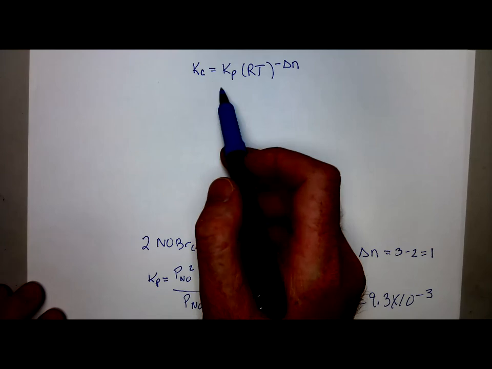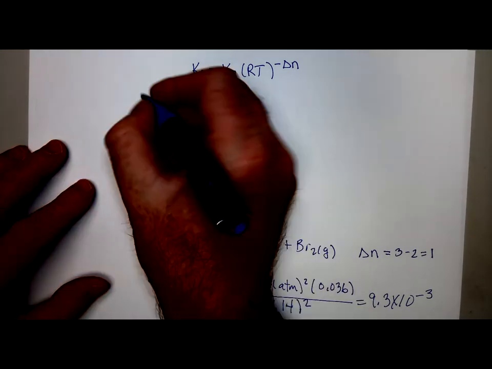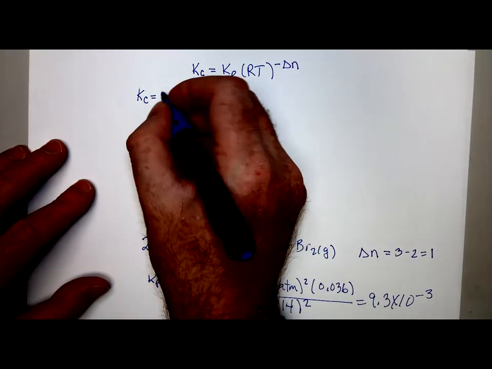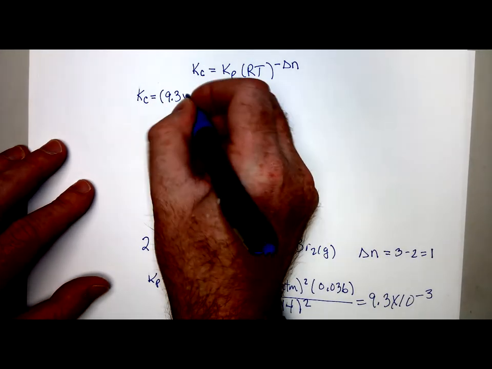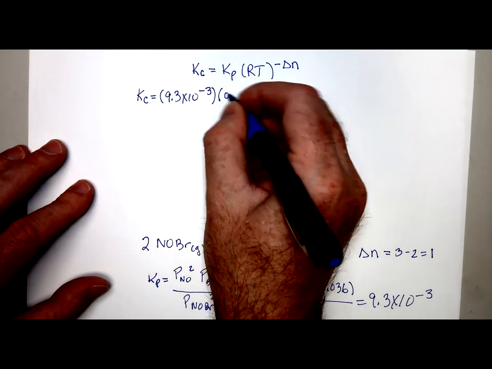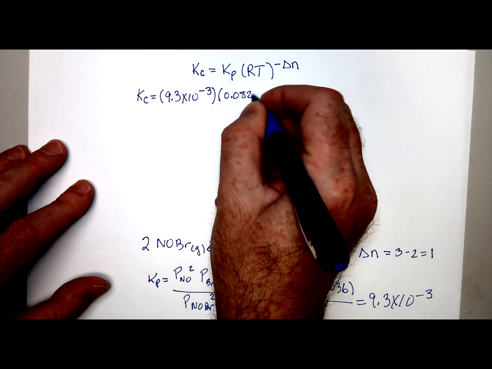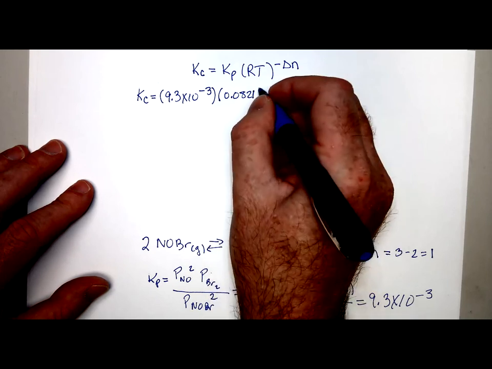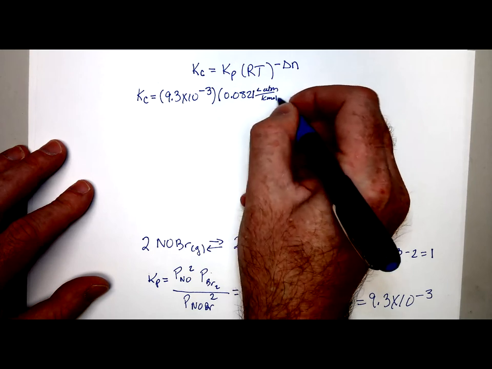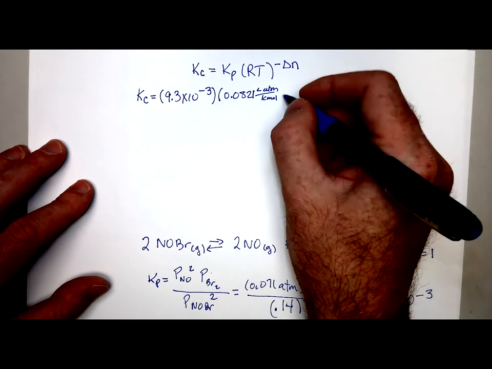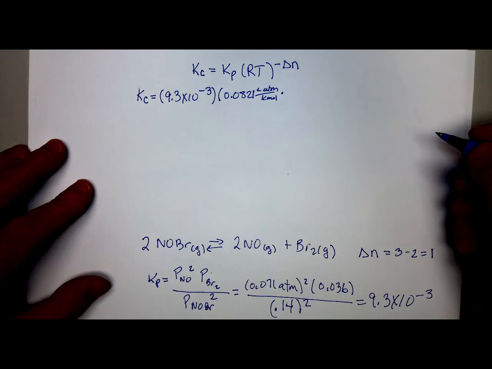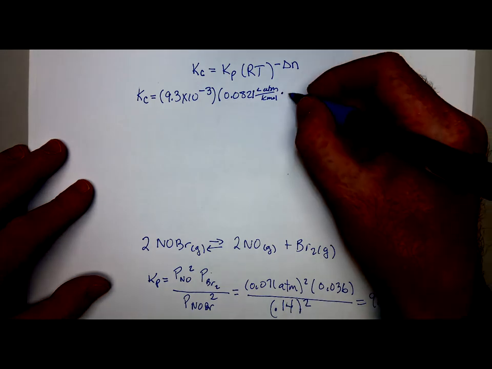Now it's just really plugging into this. So Kc is going to equal our Kp that we calculated in the previous part, 9.3 times 10 to the negative third, times R, 0.0821. That's liters ATM per Kelvin mole, but we're not going to track the units quite as much because equilibrium constants are unitless. T, we said, was at 25 degrees Celsius in the previous problem.